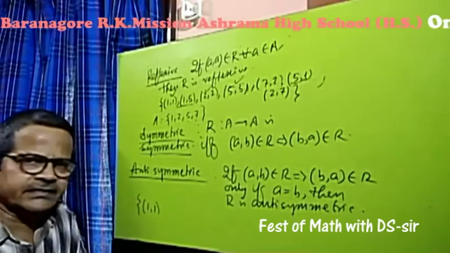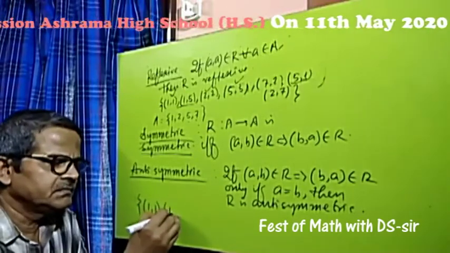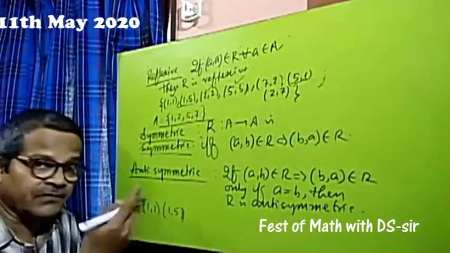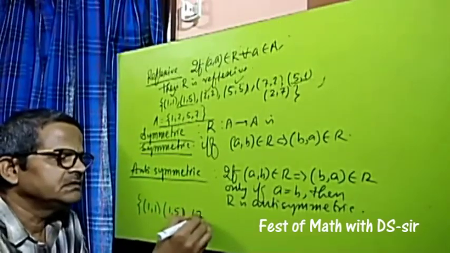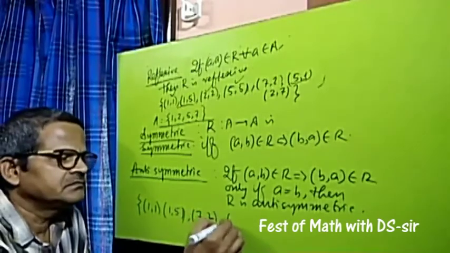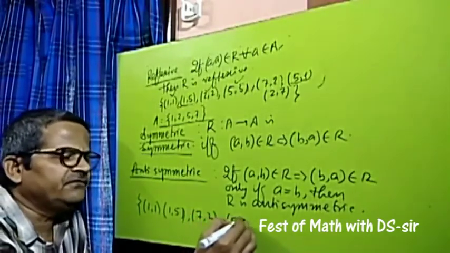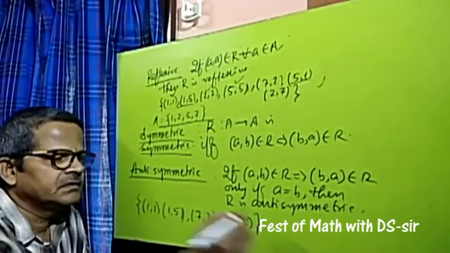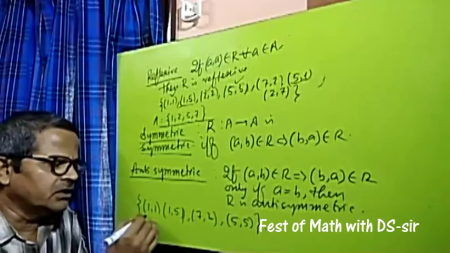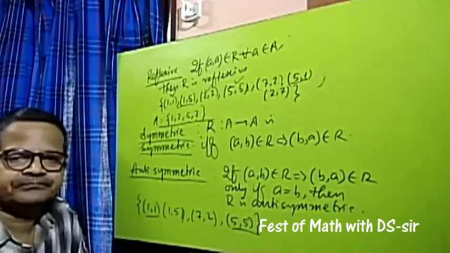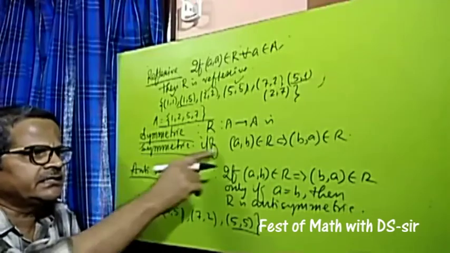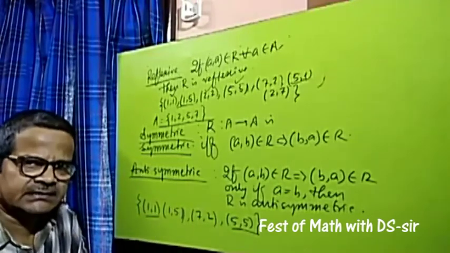Say I take (1, 1), (1, 5), not (5, 1), (7, 2), but not (2, 7), and (5, 5) on the same set. Now see, for these two pairs, the symmetric property prevails.